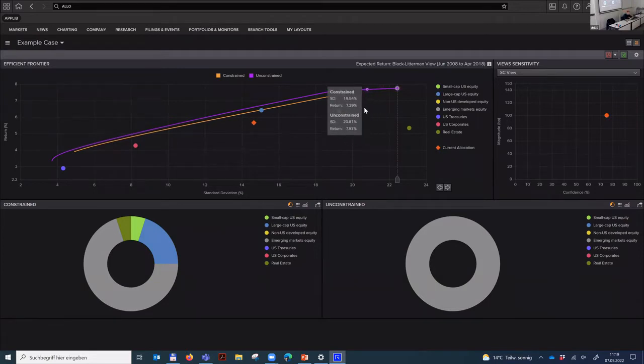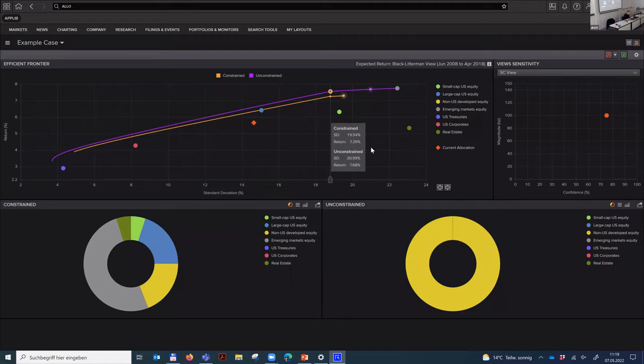The yellowish one here is actually this is the corner portfolio as well as C. Yeah? We have 100%, almost 100% invested in non-US developed equity. Everything else jumped to zero.